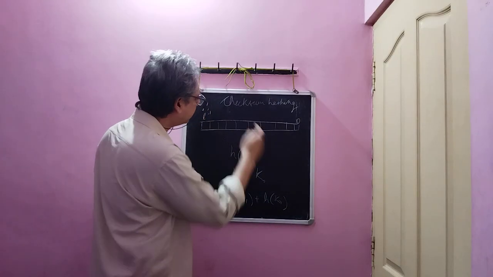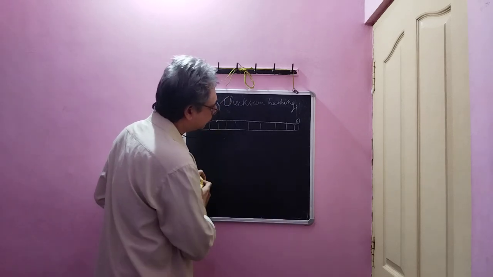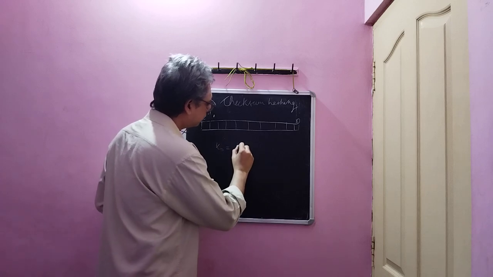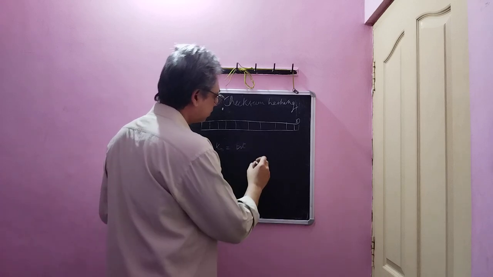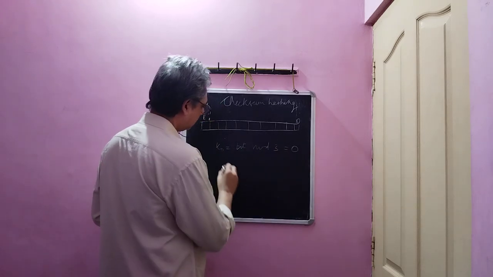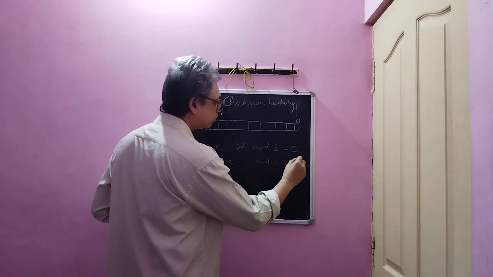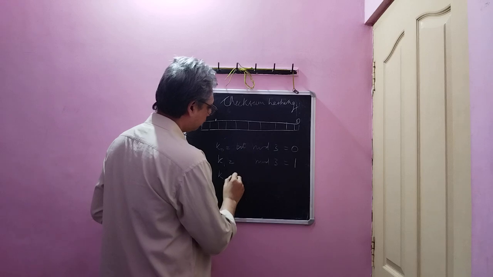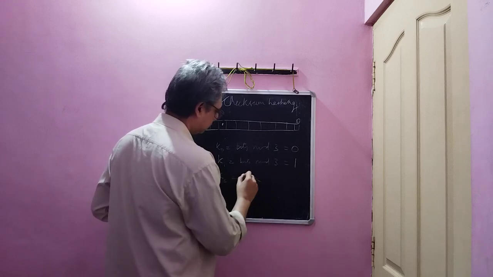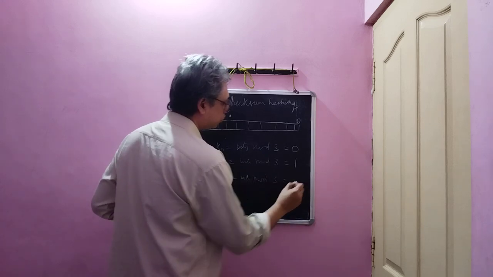Now if the key is split into 3 parts, then K0 is equal to all bit positions whose mod 3 value is equal to 0. K1 is equal to all bit positions with mod 3 equal to 1, and K2 is equal to all bit positions with mod 3 equal to 2.